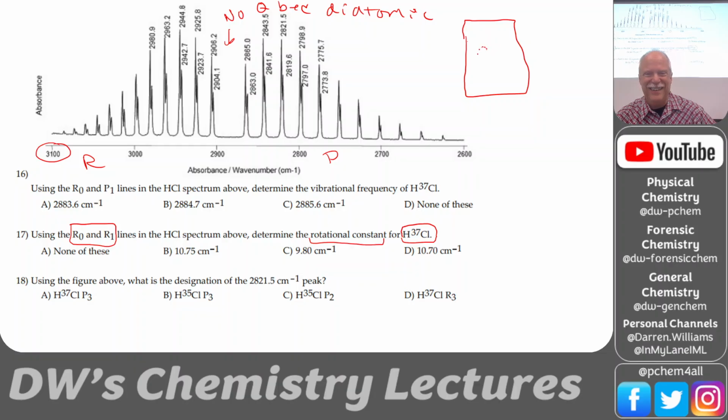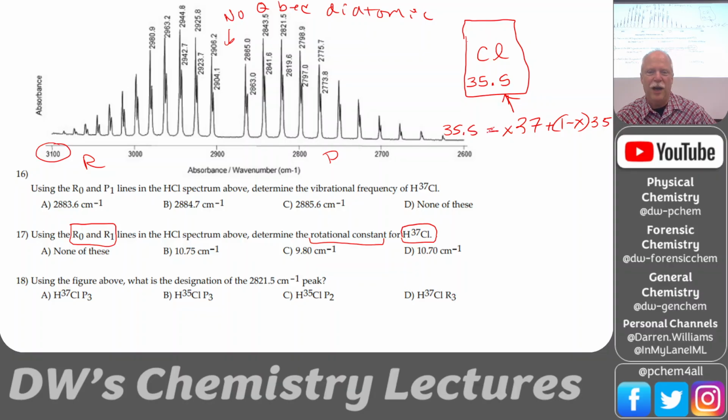So we've got chlorine here. And what is the mass of it? 35.5. Okay, so that's the average mass. And so it's x times 37 plus 1 minus x times 35, and that's equal to 35.5.